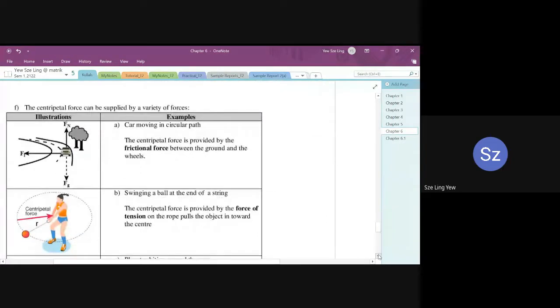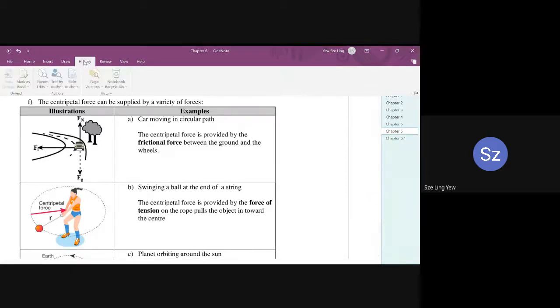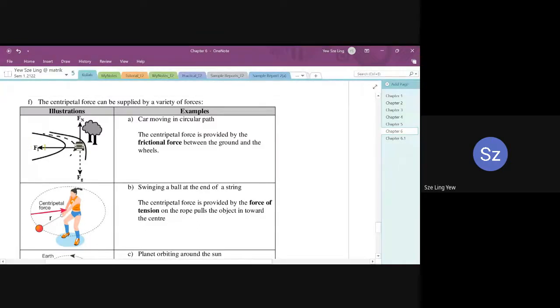Okay, so these are some of the examples. The first one, the centripetal force, is there when a car is moving in a circular path. When a car is moving in a circular path, Fc is always pointing towards the center. So this is your Fc. The frictional force between the tire and the road gives you Fc.